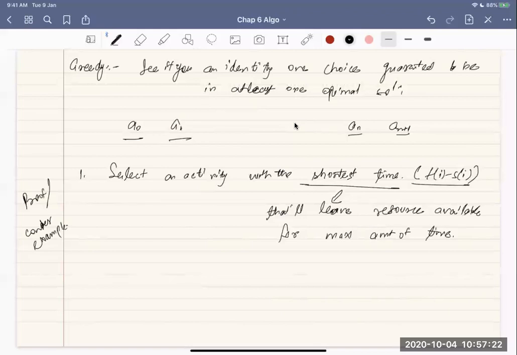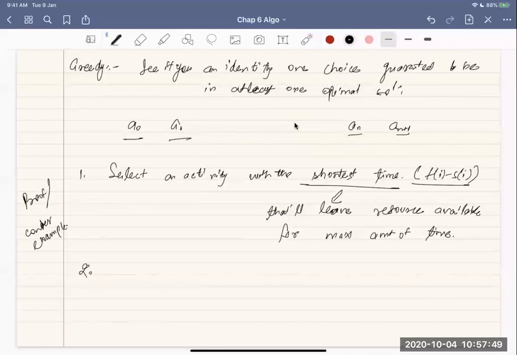Shortest time. Let's write down some other property. Other thing could be, I have all these activities A1 to An, and I choose the one that finishes earliest. That means your resource is available for whatever time is remaining.